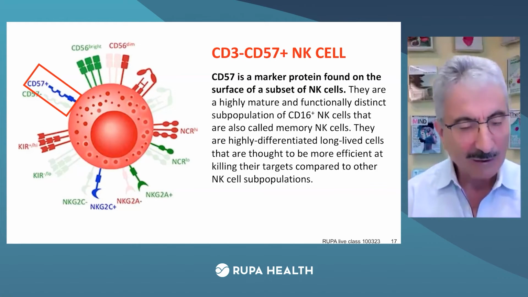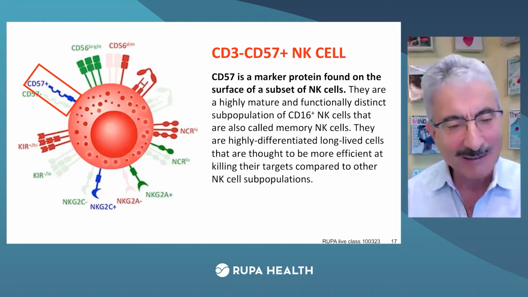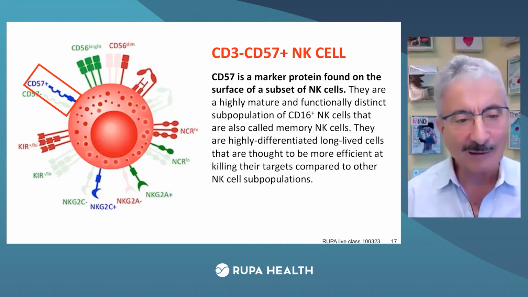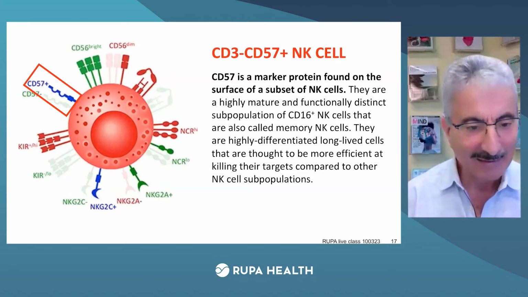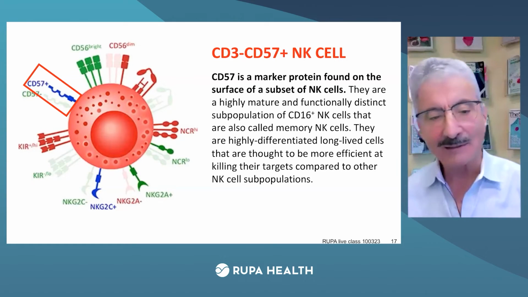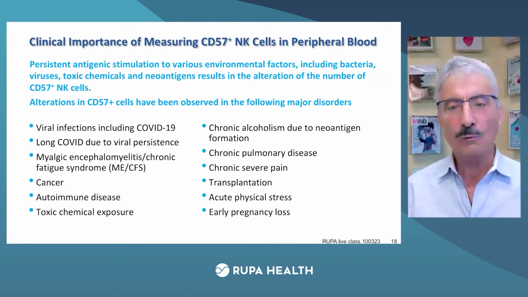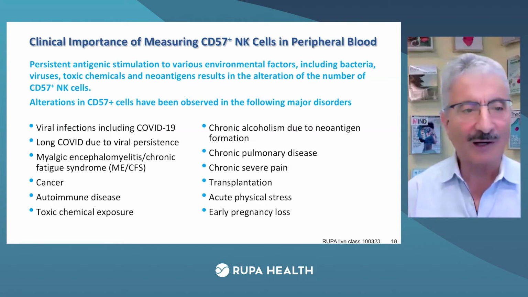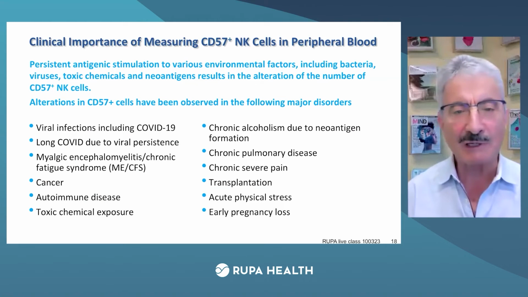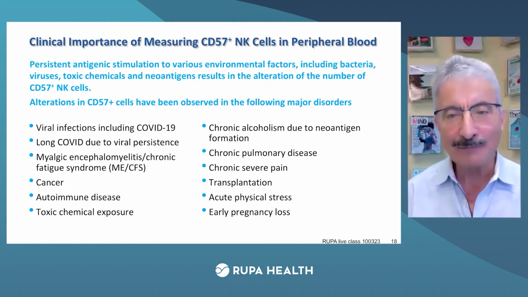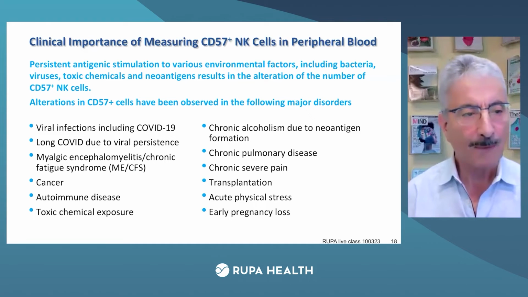During aging, their numbers are increased in order to protect us better against viruses, other pathogens, and tumor cells. So this is a summary of the clinical importance of measuring CD57 positive NK cells in blood.